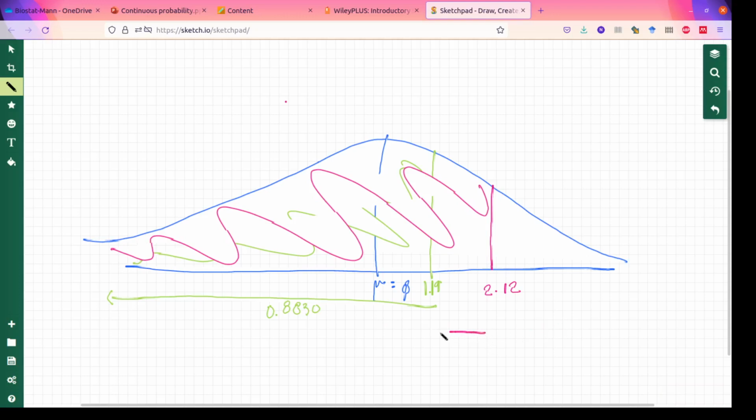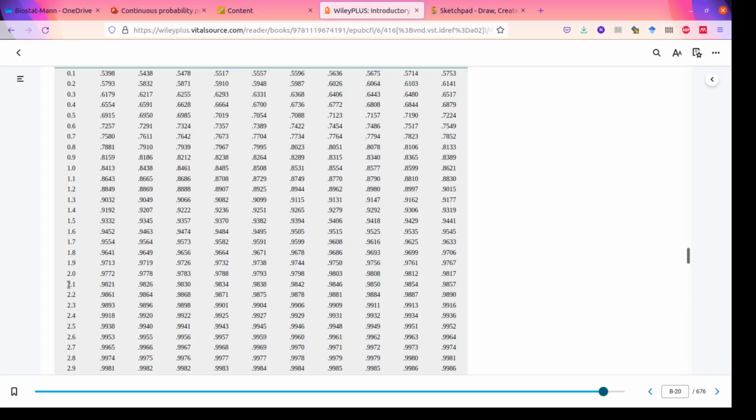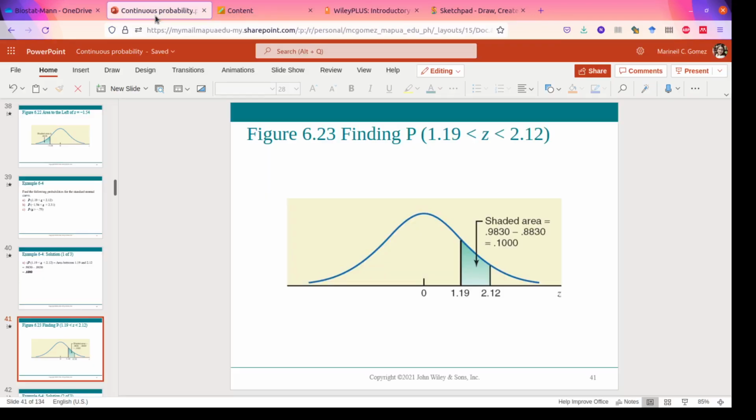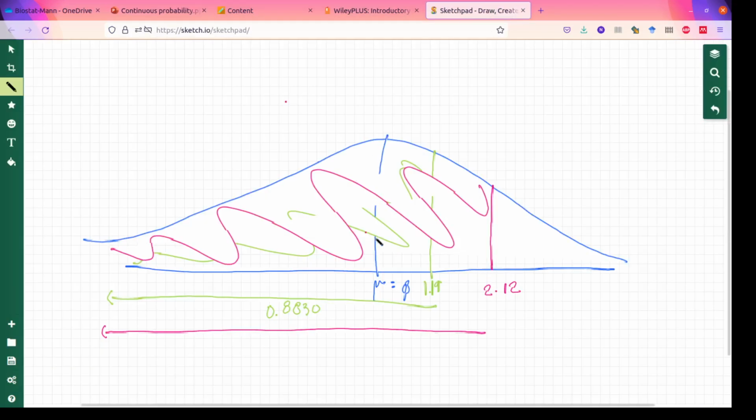So this is from here up until you get here. So the value from our table for 2.12 is 0.983, correct? 0.983. So this pertains to the region from 2.12 up until to the left. And then this is the region from 1.19 to the left.